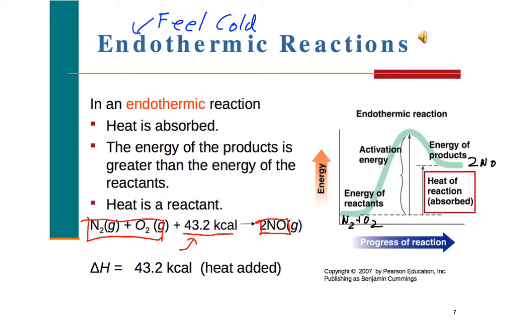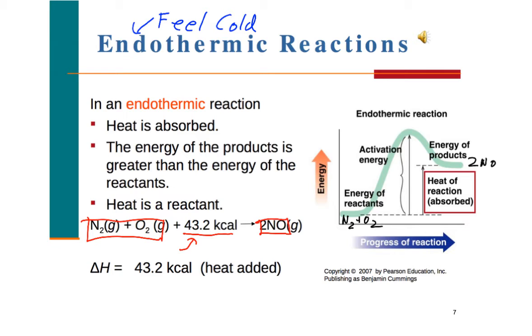In order for it to gain that 43.2 kilocalories, it has to gain that energy from somewhere. One possible source of energy is us. It's going to steal our heat in order to make the reaction go. So endothermic reactions actually feel cold to the touch, even though the chemicals are gaining energy.